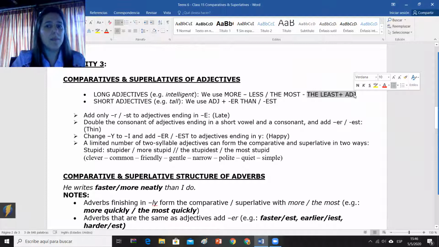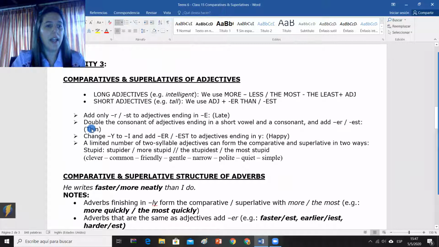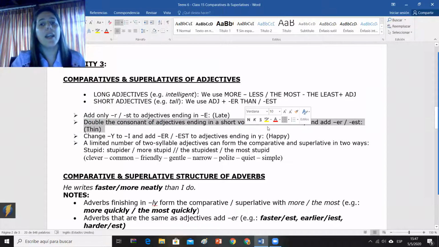There we have some spelling rules. If the adjective ends in E, as in late, we are only going to add R for the comparative, later, and ST for the superlative, the latest. If you have, as in thin, a consonant, a vowel, and a consonant, what we do is that we double the consonant and then we add est or er.